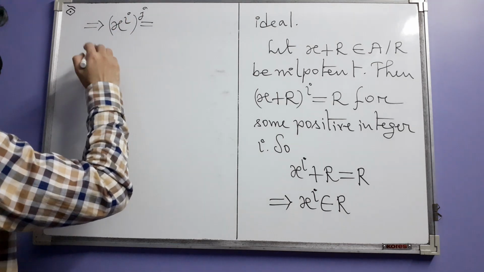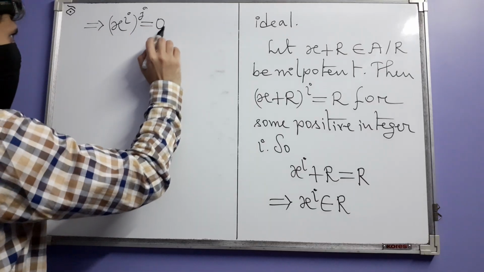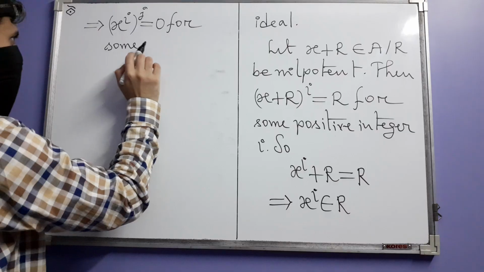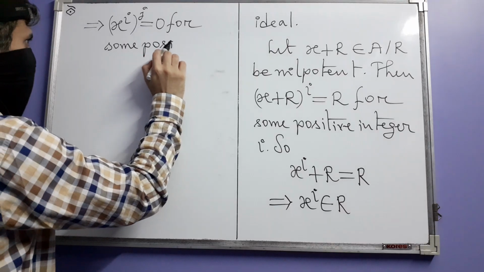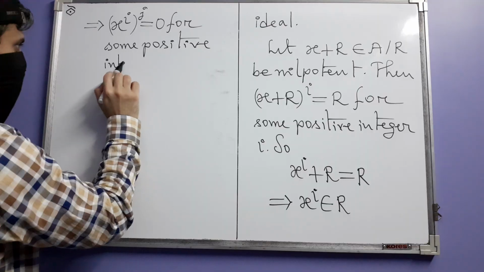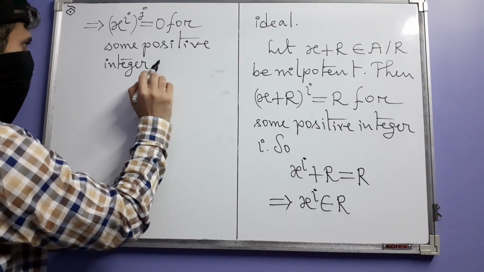So some power of x to the power i will be equal to 0 for some positive integer j.